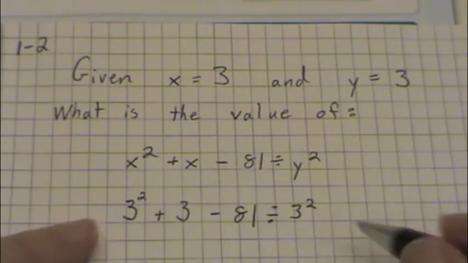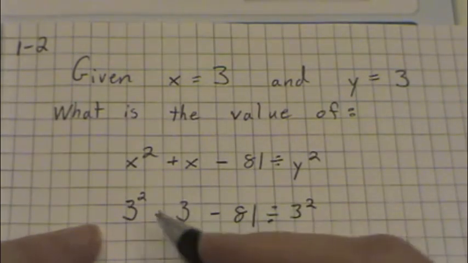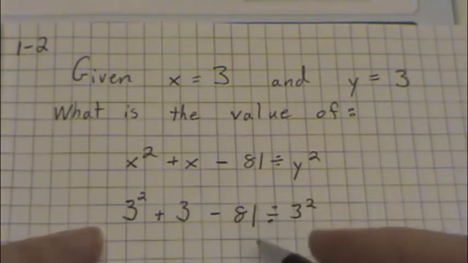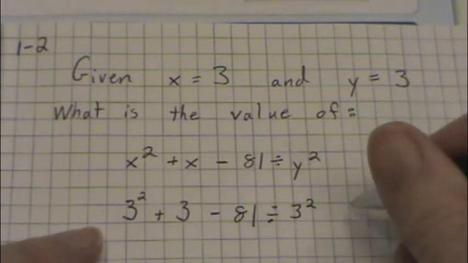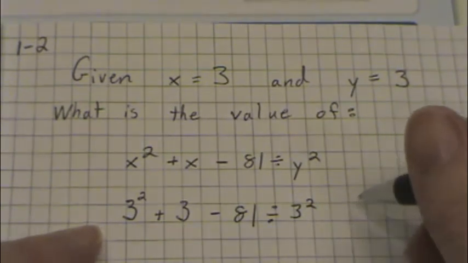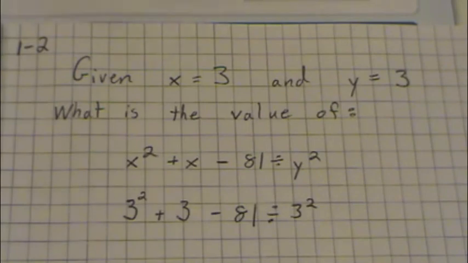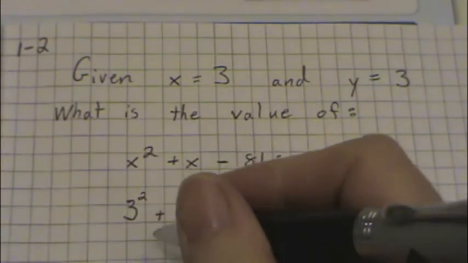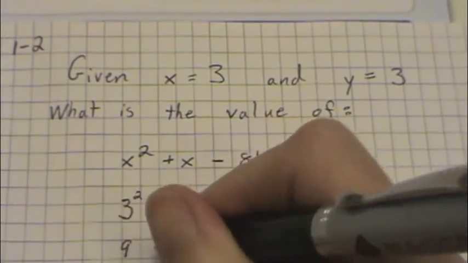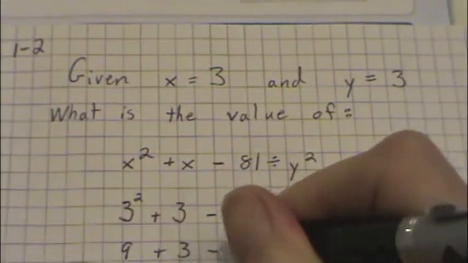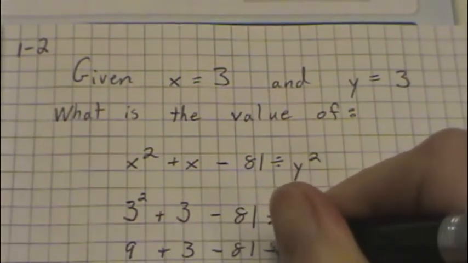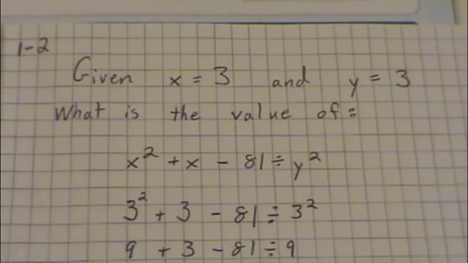So, PEMDAS, we have no parentheses. We do have exponents. So our first step is going to be, okay, 9 plus 3 minus 81 divided by 9.